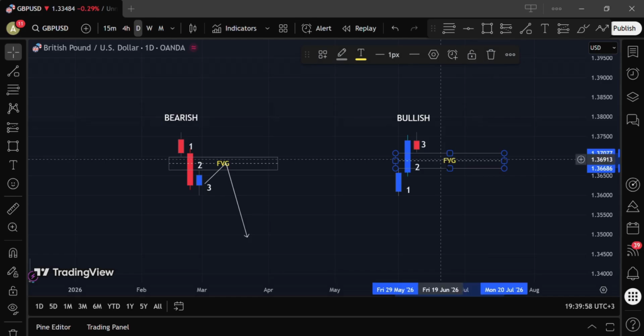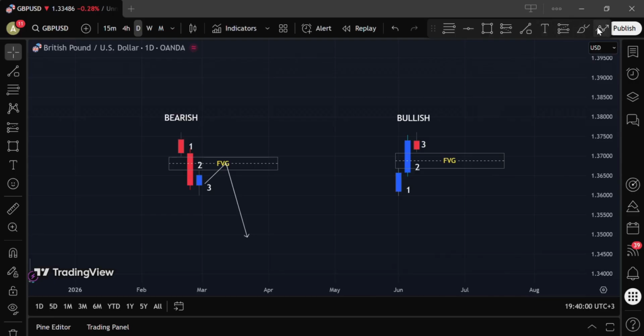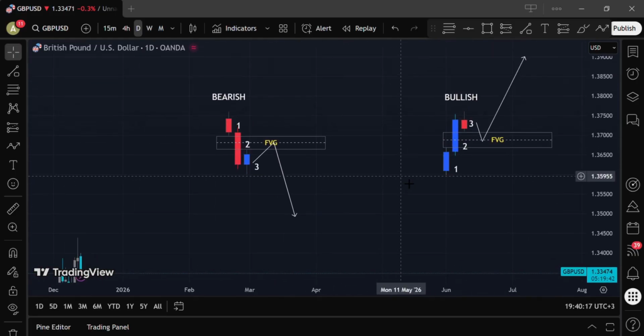So this is the fair value gap. The price will come back inside there and then continue with the trend like that. So if you master this fair value gap well, then you're going to have a very easy time trading.